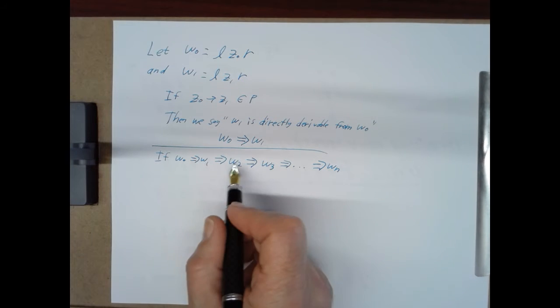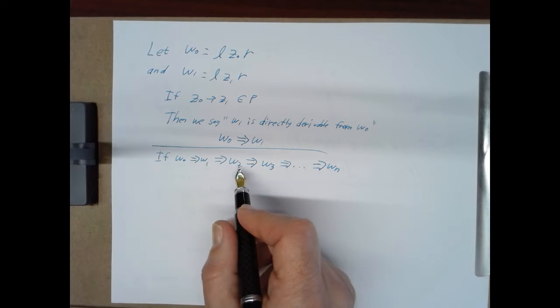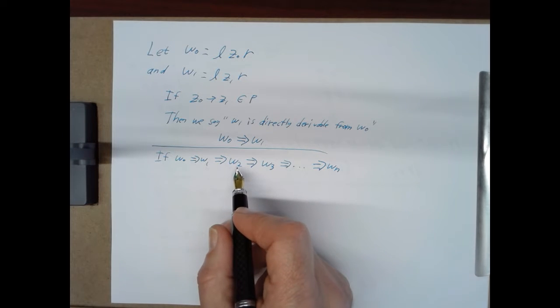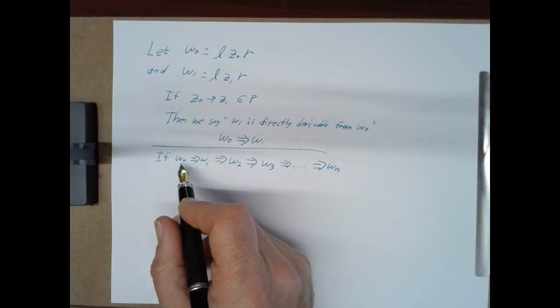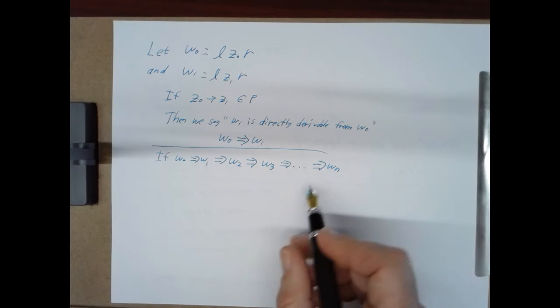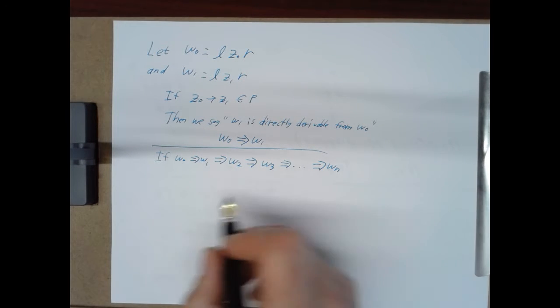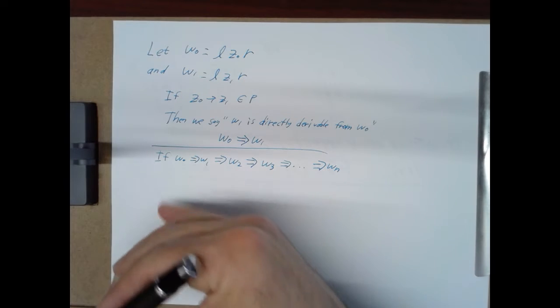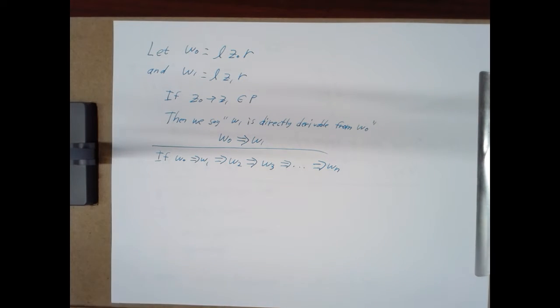This means there's a production rule that will then change W1 to W2. So a combination of production rules will therefore change W0 to W2, and so on. And so we can show that if we have W0 and all of these things are directly derivable, we can eventually get to Wn starting with W0. We just change it into W1, 2, 3, and so on, n minus 1 times.